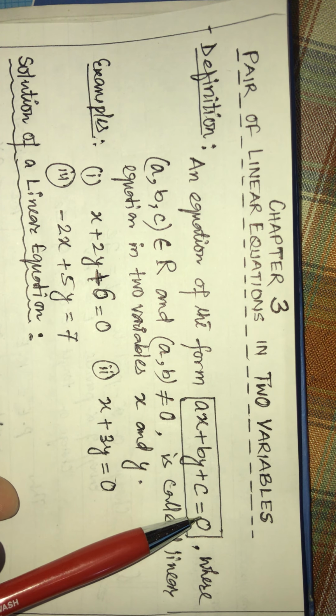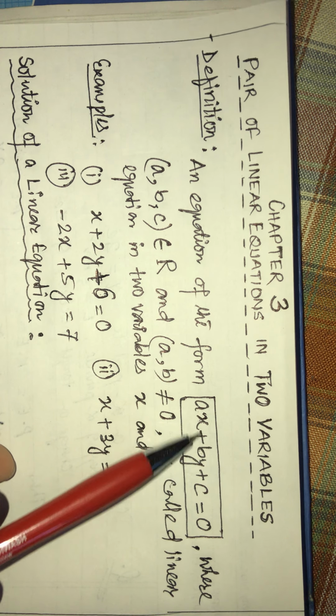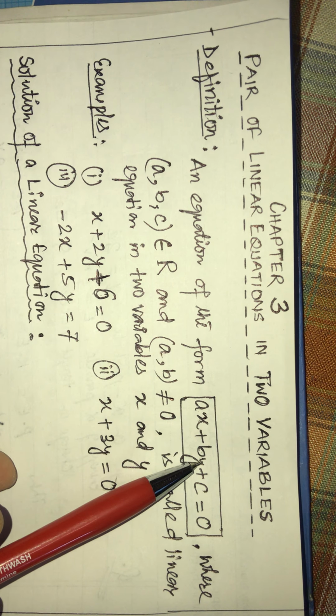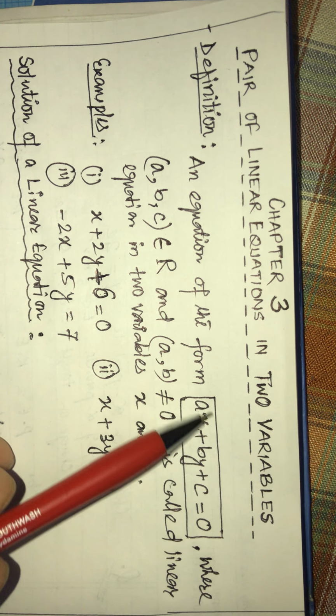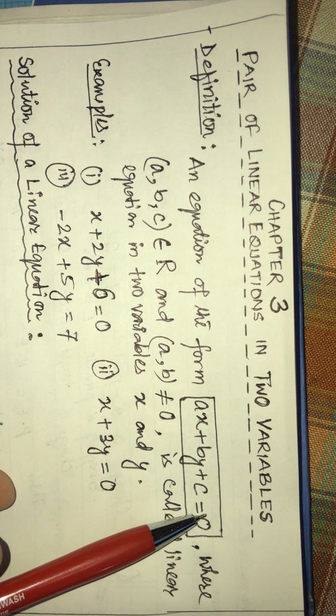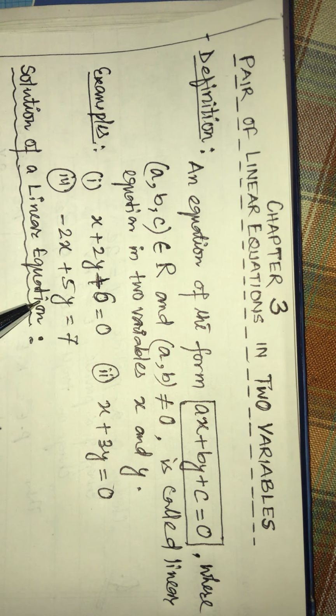So those real numbers which we use for x and y, if after using those values we get the left hand side as 0 because the right hand side is 0, then we call those values of x and y a solution of a linear equation.